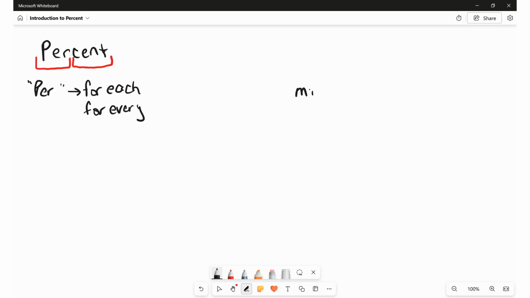Like, we might talk about miles per hour. So when we think about that word per, that means how many miles we travel for each or for every hour of time. So then we look at cent.